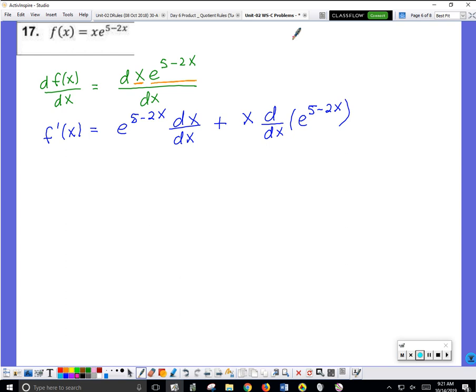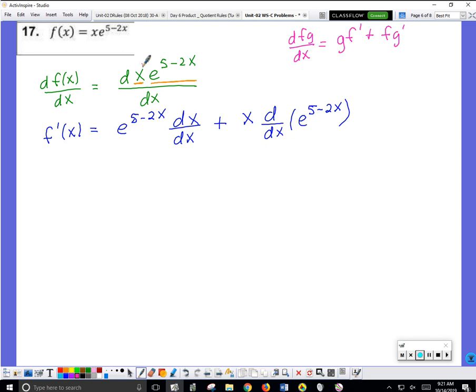The rule right here says derivative of f times g can be rewritten as g multiplied by the derivative of f plus f multiplied by the derivative of g. That's the rule. So again, this f is different than over here.